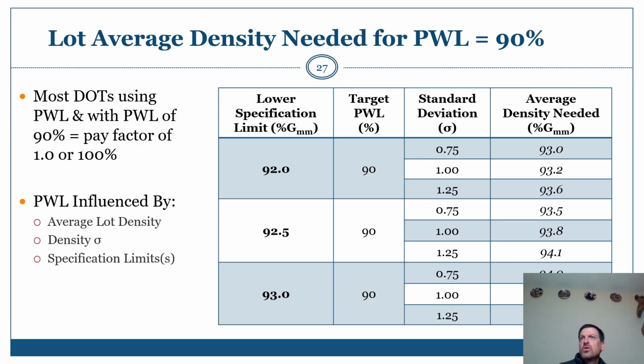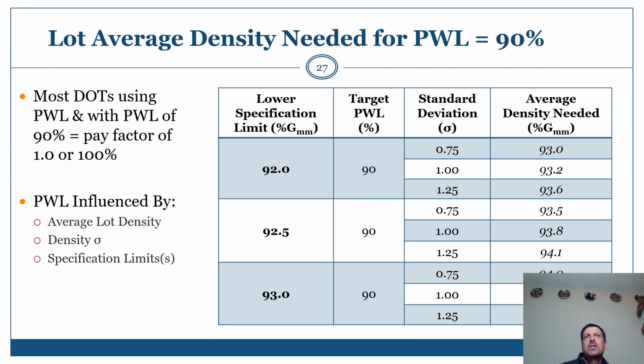Where if you controlled your variability, tightened things up and got your standard deviation down to say 0.75, which was observed, you could have a lower average density by 0.6%, a little over 0.5%. So the idea here is you either have to push your density up if you've got a larger variability, or if you reduce your variability, you don't have to get to the same level.